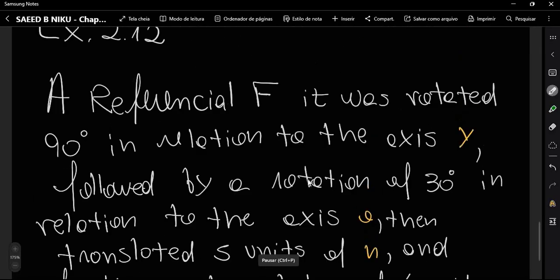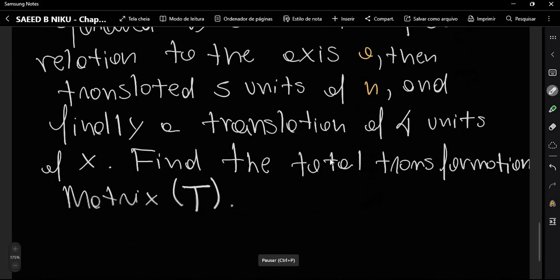So we have a rotation of 90 degrees in relation to the axis y.